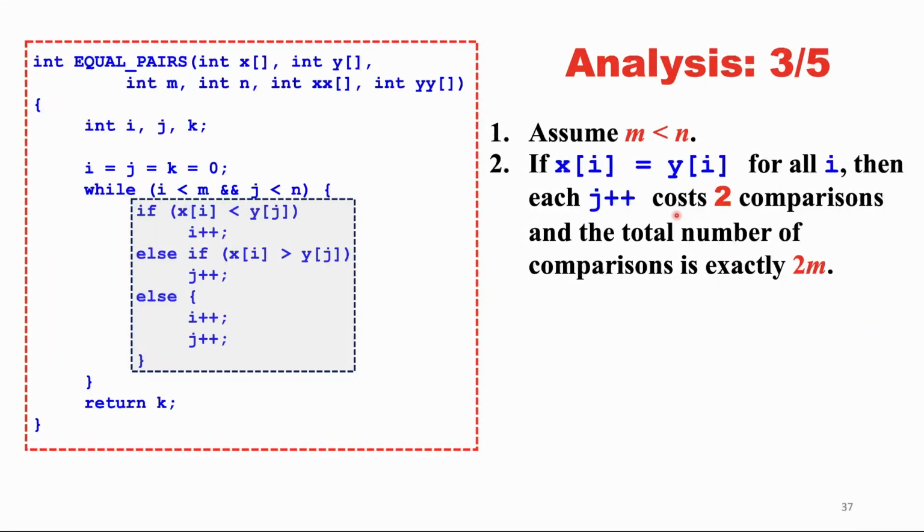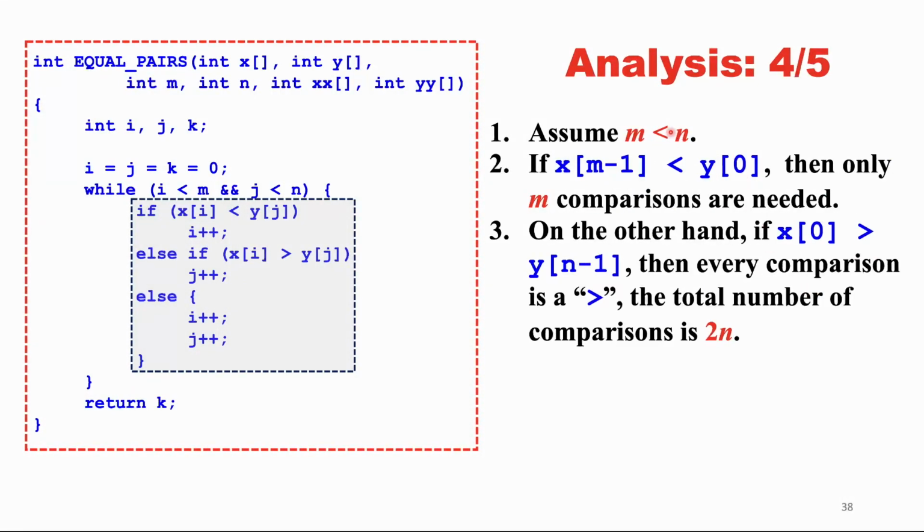So let's say m is less than n, x is shorter than y. If xi is equal to yi for all i, we compare x0 and y0, 2 comparisons. Then we compare x1 with y1, 2 comparisons, and so on. So we need exactly 2m comparisons. Again, we assume m less than n.